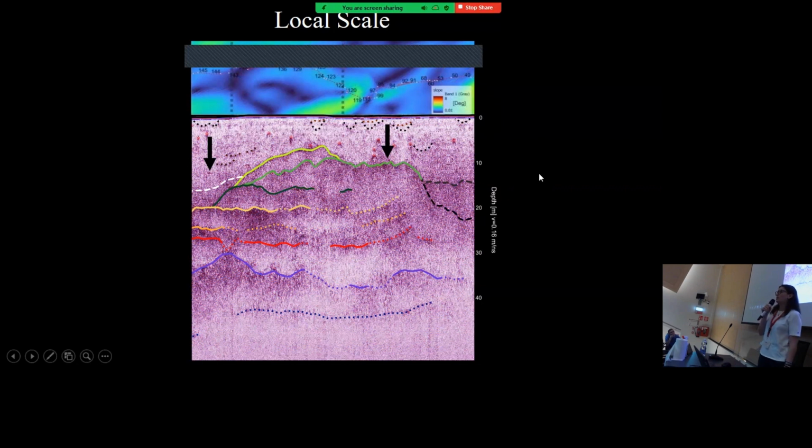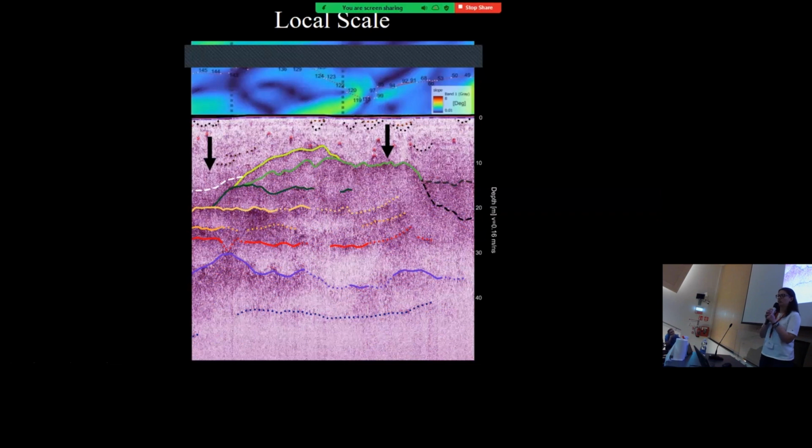This fits well with our LPR data observation, which defines this unit, unit 2, as an old buried crater. But what is really important is that this unit, whose top is the light green reflector, is for the first time identified as separate from the upper unit, unit 1, composed mainly of regolith, and the lower unit, which is unit 2.